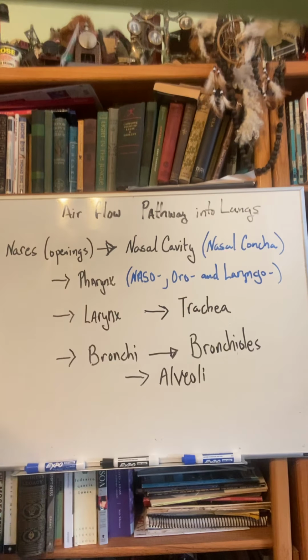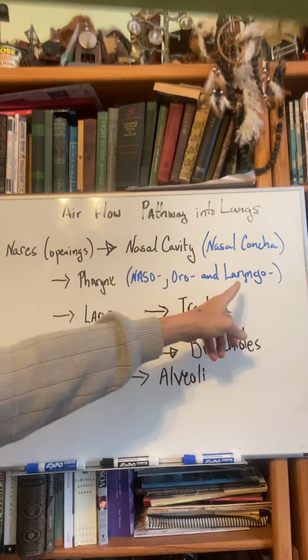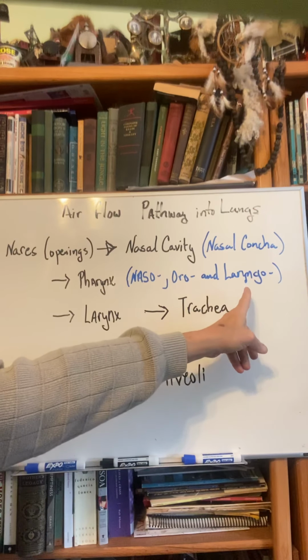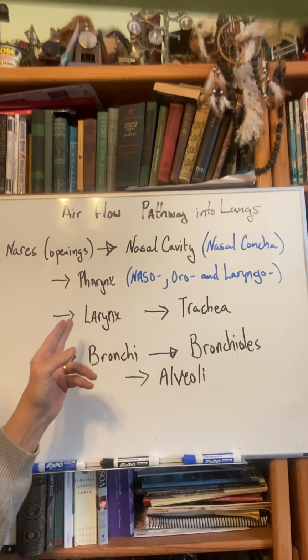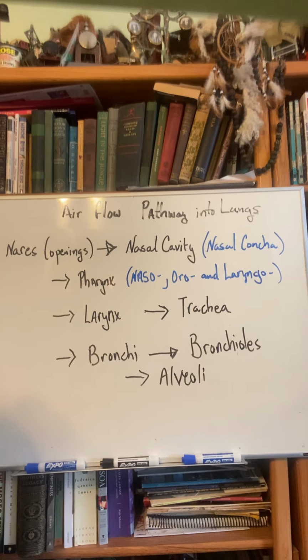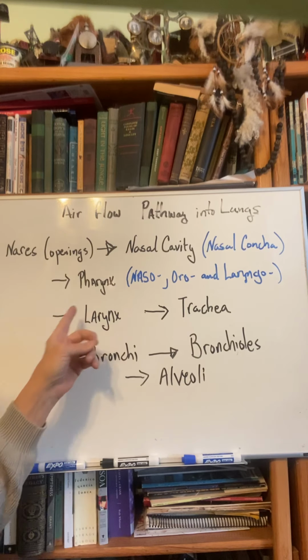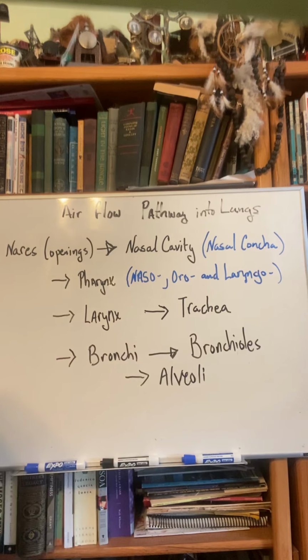So we're talking about the airflow. So anterior to the laryngopharynx, the air moves into the larynx, passes through the larynx. This would be what people call the Adam's apple. From the larynx, it enters into the trachea.